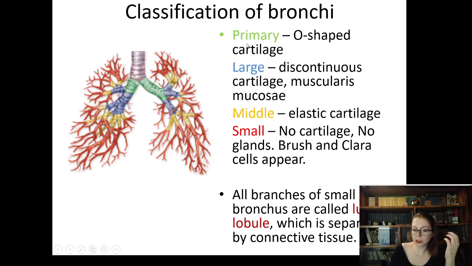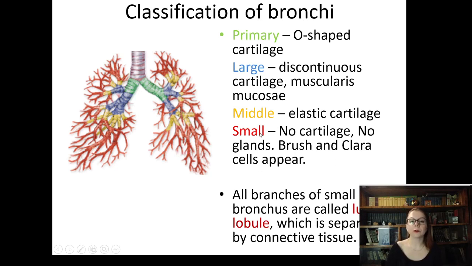So here, as you can see, I did not give you the structure of every type because they have generally the same structure, but differences. So in the large bronchi, cartilage is discontinuous compared with the primary. In the middle bronchi, elastic tissue replaces the hyaline. And after that, in small bronchi, cartilages disappear altogether, as well as glands in the submucosa.